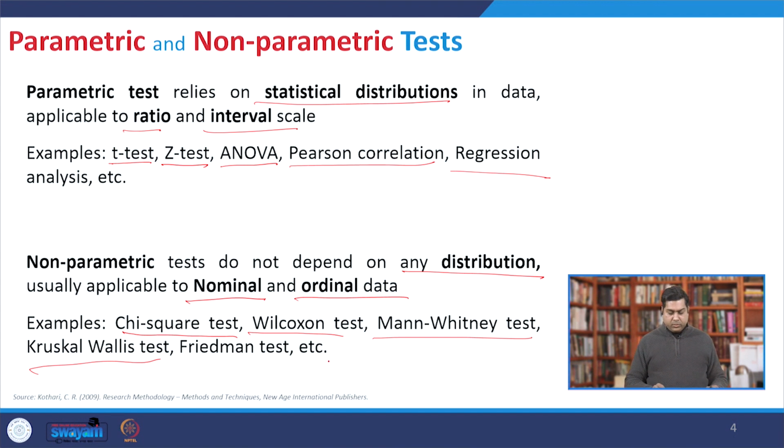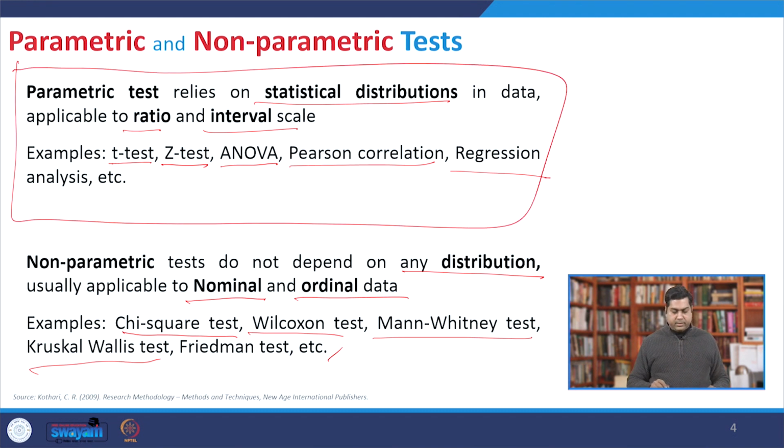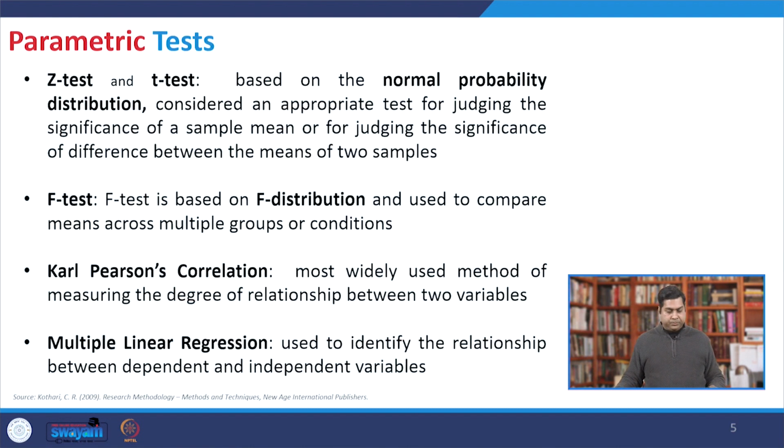You can also go for the Spearman rank order correlation as a non-parametric test. Mainly in this lecture we will be discussing the parametric tests, and in the next lecture we will talk about the non-parametric ones.